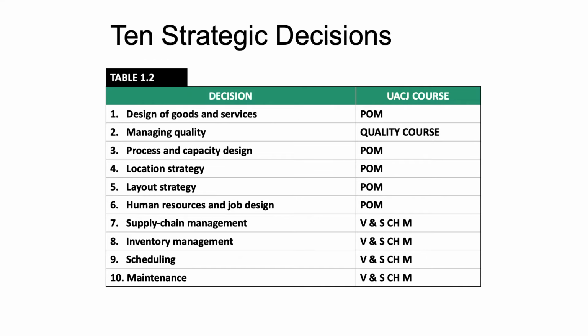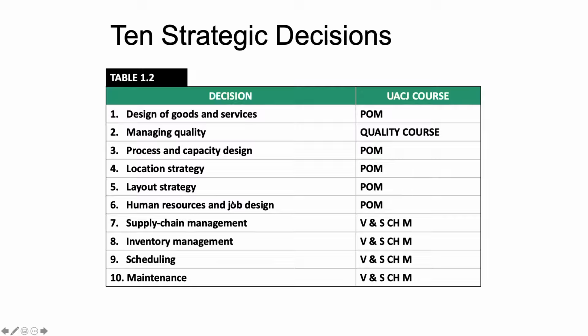The next one. So to manage the internal things, we have 10 critical decisions that we can manage in the operation management process, or the production process, that is almost the same.